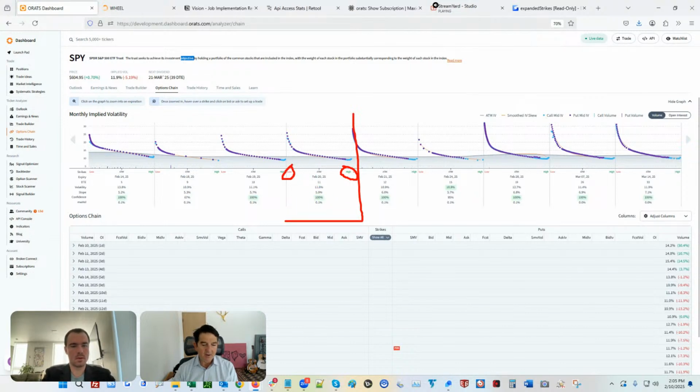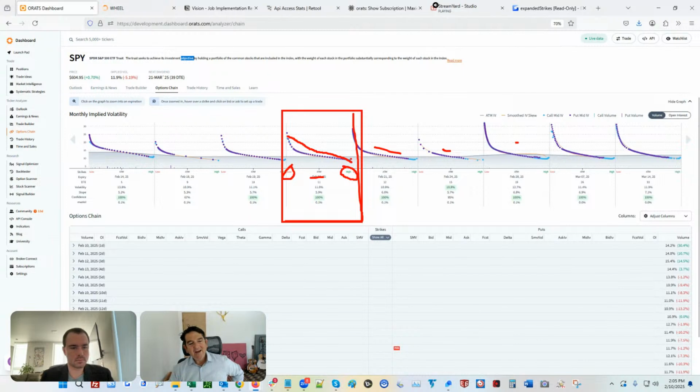Let me just see if my drawing tool is working. So this is February 20th, 2025. These are all different expirations, but you can see how the puts are way up here and the calls are way down here. That's what we call slope.